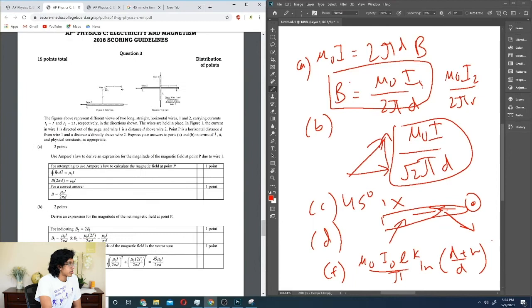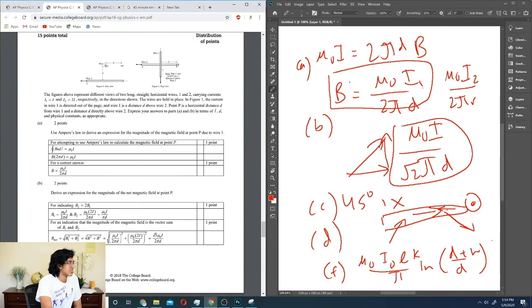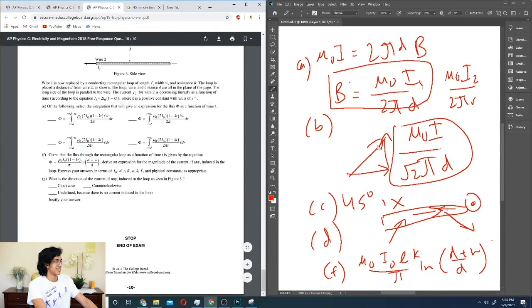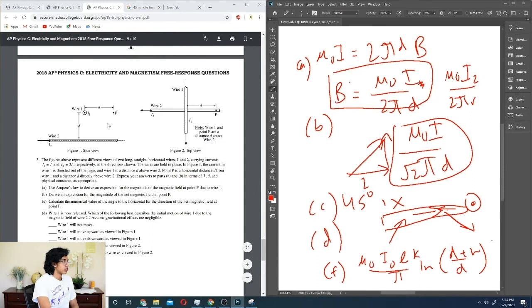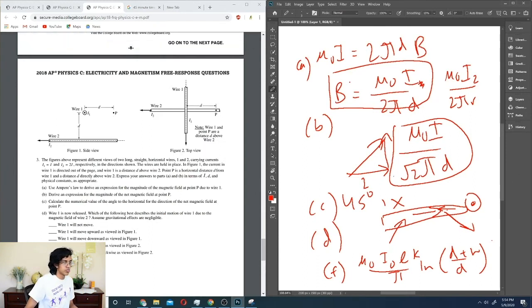Alright, that's what we got. Wait a minute. Oh, I can't read. God dang it. Wait for it. I forgot. So I1 is just I, and I2 is 2 in one direction. So I2 exerts a twice as strong force into the page, so this would be twice as much force, and this would be 1 times as much force, so it'd be root 5 over here.